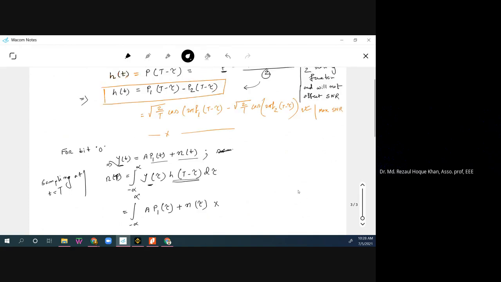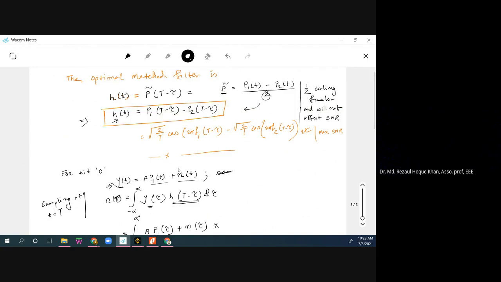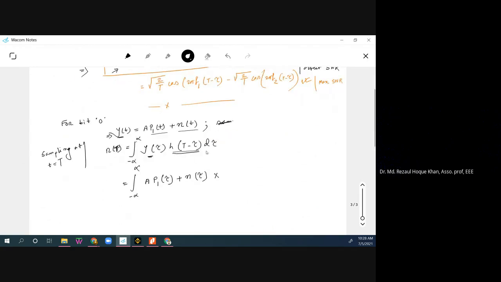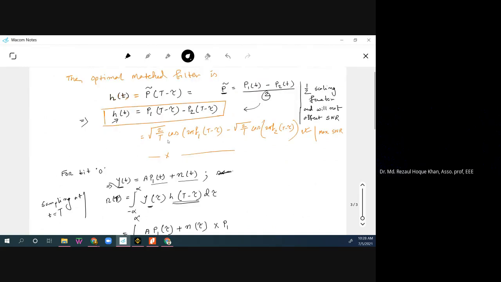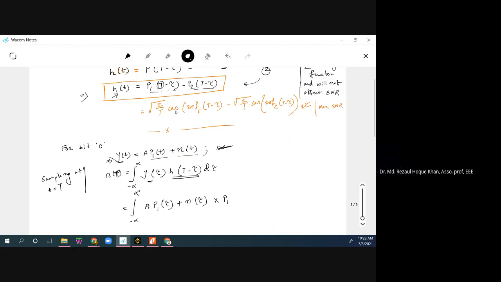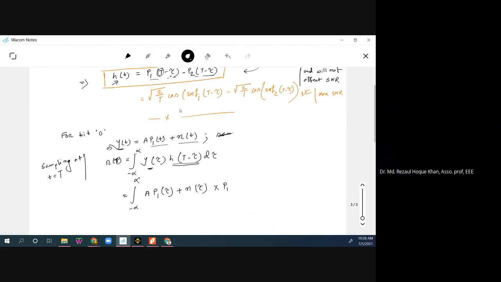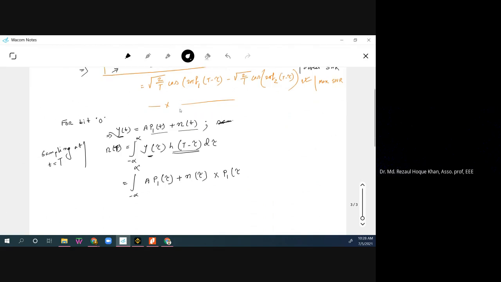So if h(t) is this equation, what should h(t minus tau) be? You see, the t's cancel, so we will have a tau factor, p1(tau) minus p2(tau), multiplied by d tau.